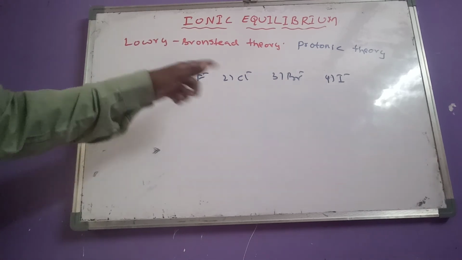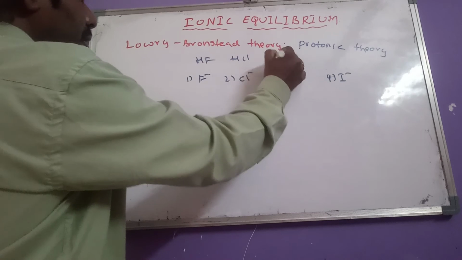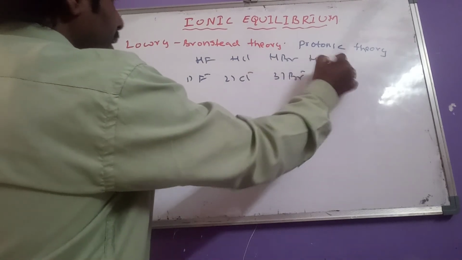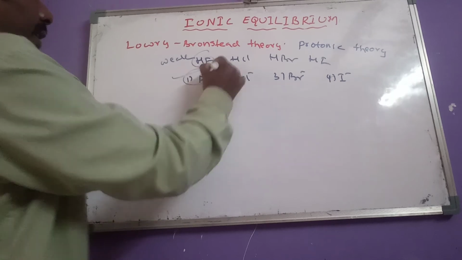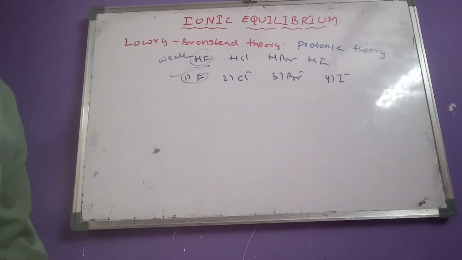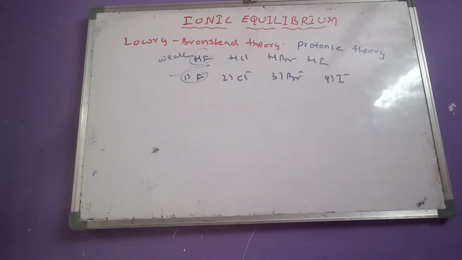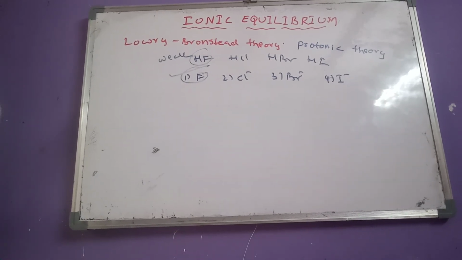So among HF and HCl, HBr, HI, as HF is a weak acid, therefore F minus is the strongest base. So like that we have to answer for strong conjugate acid, weak conjugate acid, etc.